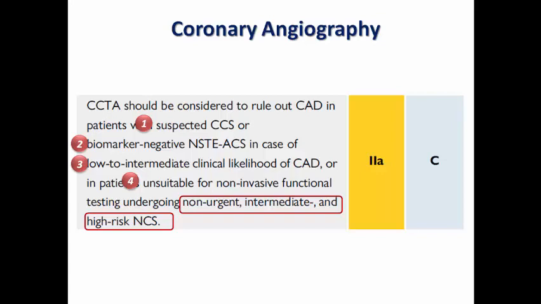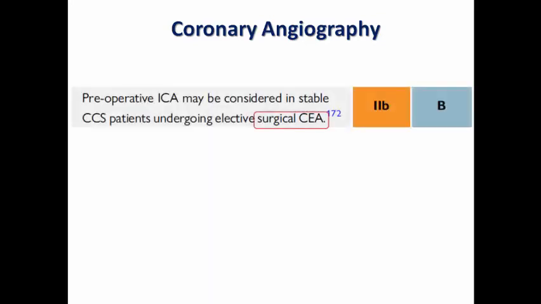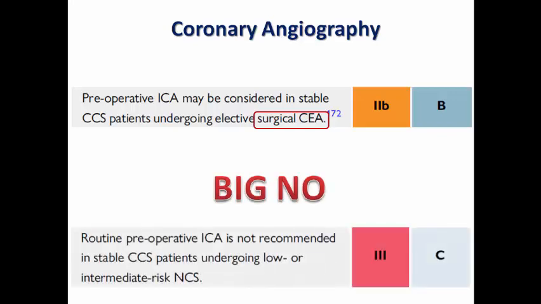Otherwise, it is not indicated. There may be a class 2B for preoperative coronary angiography in stable chronic coronary syndrome patients undergoing elective carotid endarterectomy, but no strong recommendation, and the big no, of course, for routine preoperative coronary angiography in stable cardiac patients undergoing low or intermediate-risk surgery.